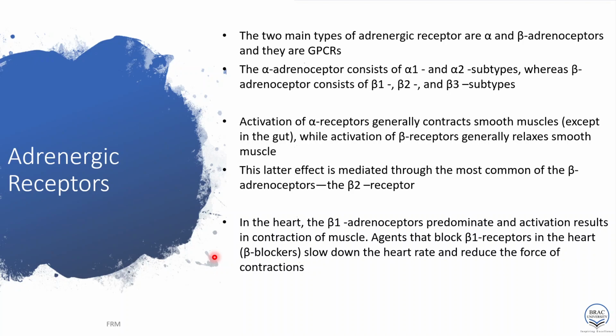And agents like the beta blockers mainly slow down the heart rate and reduce the force of contraction, and ultimately that reduces the cardiac output and blood pressure.